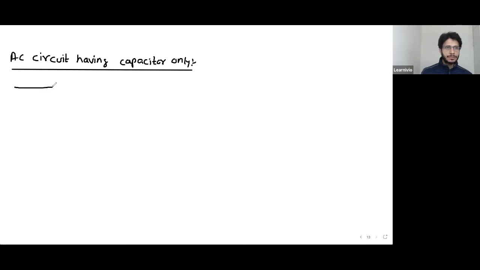So this is a capacitor. This capacitor is connected to an AC supply. Capacitance is C. The AC supply is E naught sine omega t.